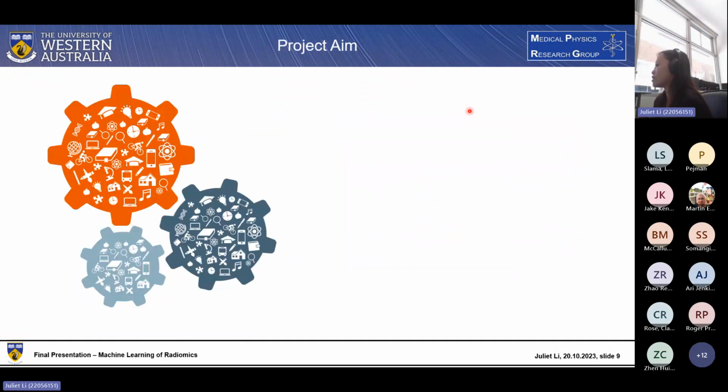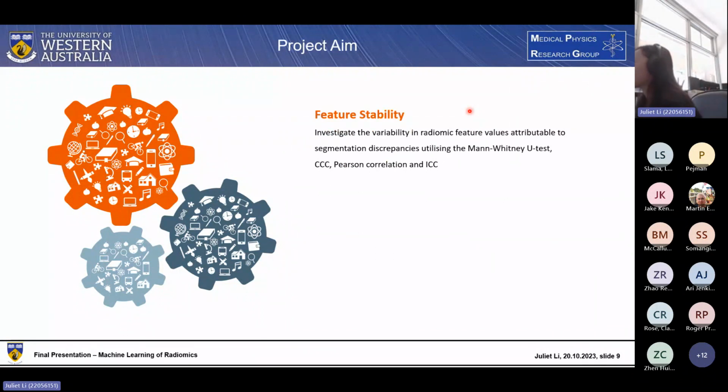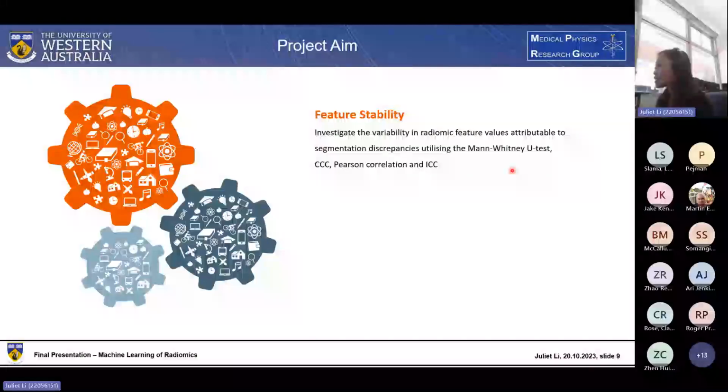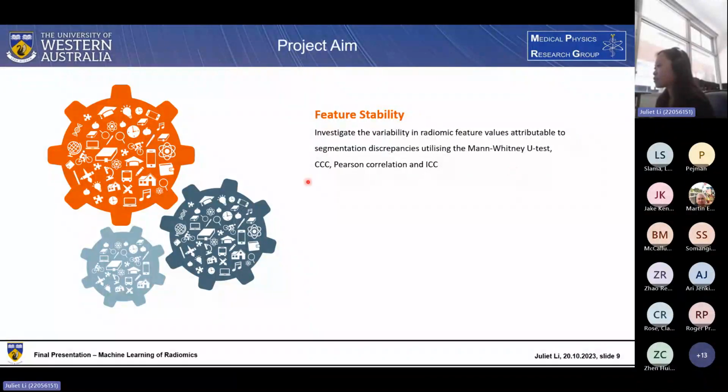So with all of this background knowledge and these tools, we aim to investigate the following. The first thing is we would like to investigate the variability of radiomics feature values attributed to segmentation discrepancies using the Mann-Whitney U-test, CCC, concordance correlation, Pearson correlation, and intra-class correlation coefficient.